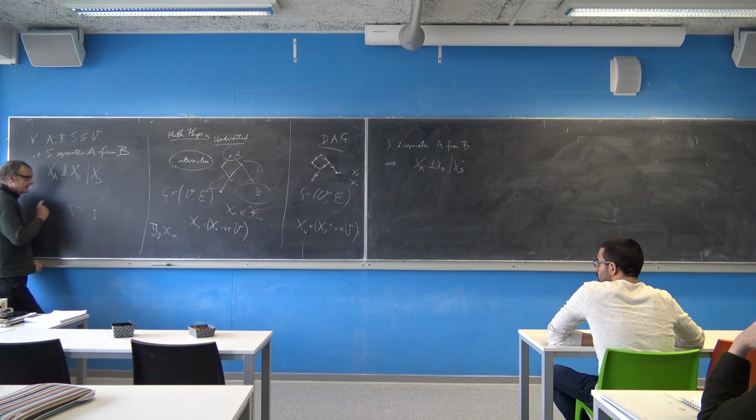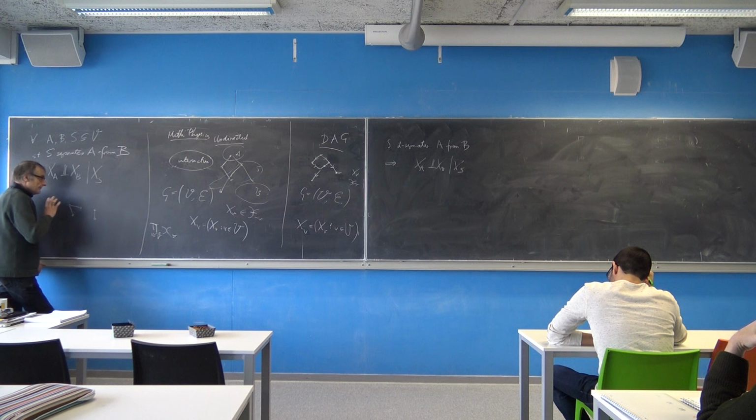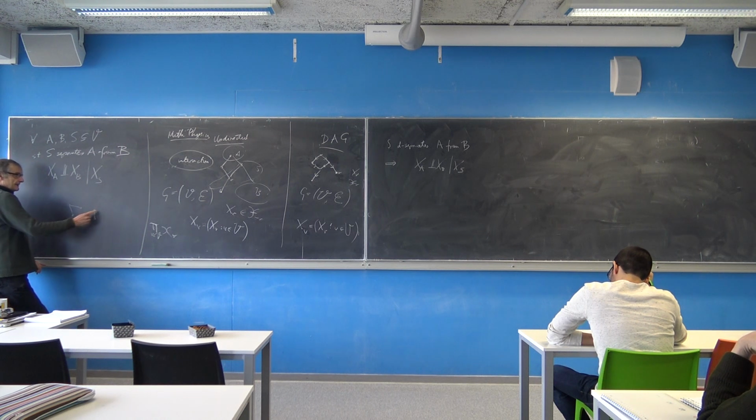So you can build up the joint distribution of all of them by writing down the joint distribution of these two, a marginal distribution of this one, a conditional distribution of this given this, and a conditional distribution of this given this.